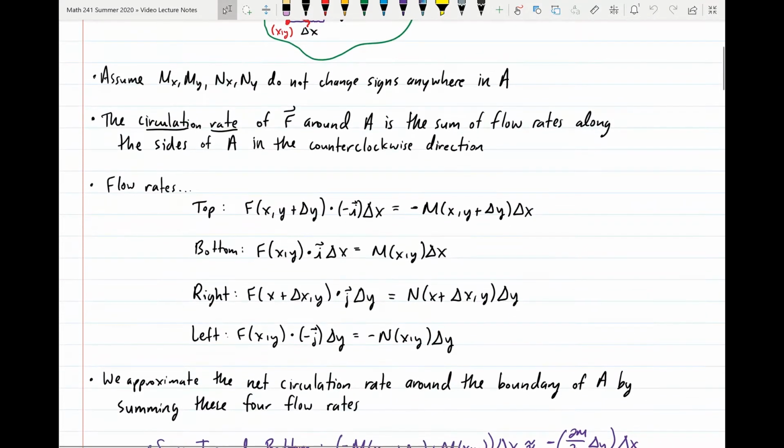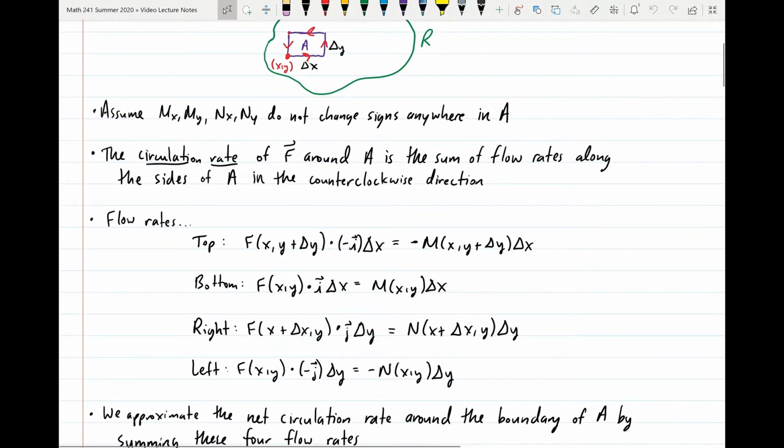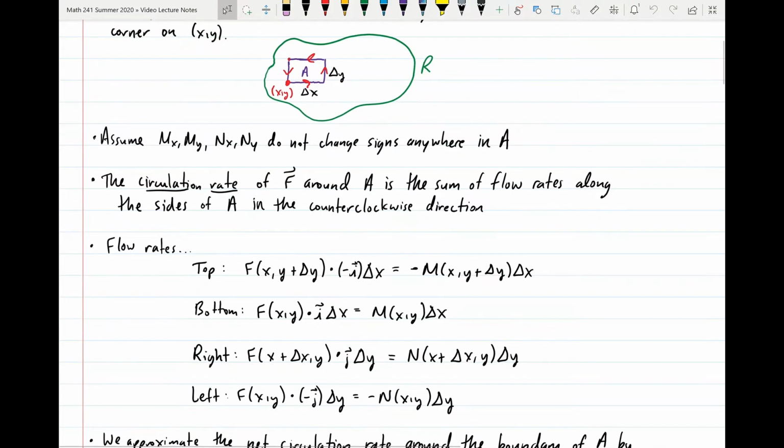Okay, so here are the 4 different flow rates that we get for the top, bottom, right, and left sides of our rectangle A. So for the top of the rectangle, the flow rate is going to be approximated by big F of (x, y plus delta y) dot minus i times delta x.